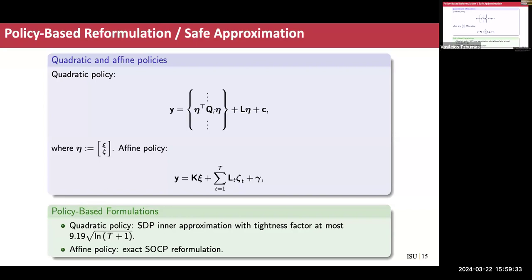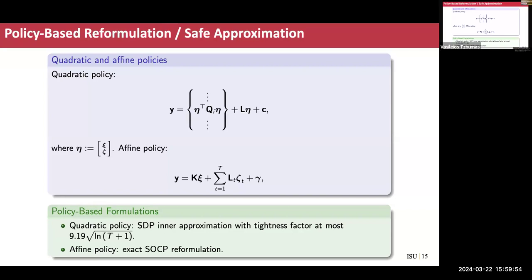Of course, there is some computational difficulty with this quadratic policy, but there is more nuance to it, because for this affine policy, as we mentioned, this admits an exact SOCP reformulation. So this reformulation is exact, it becomes a tractable problem.